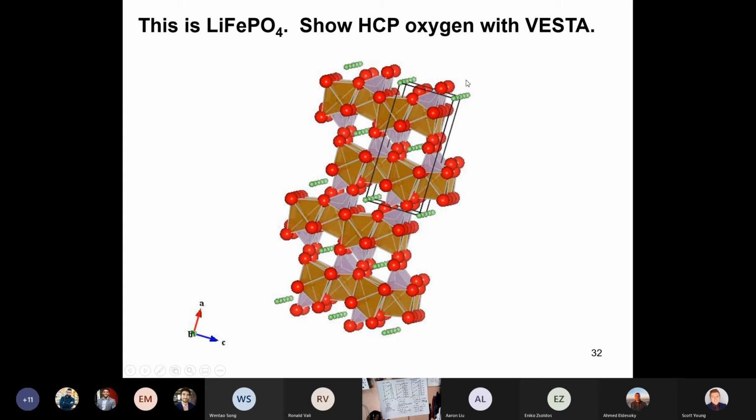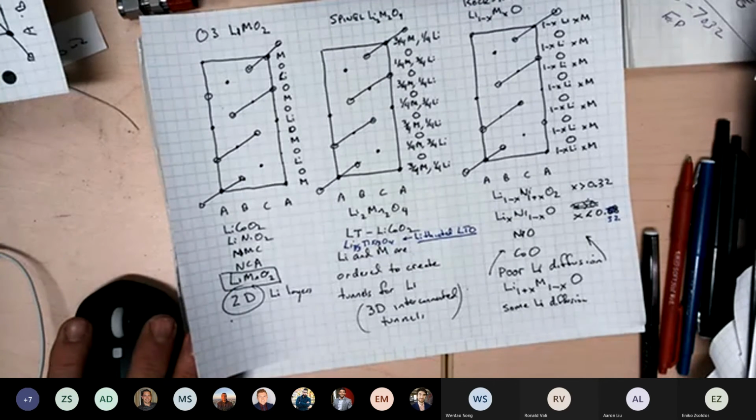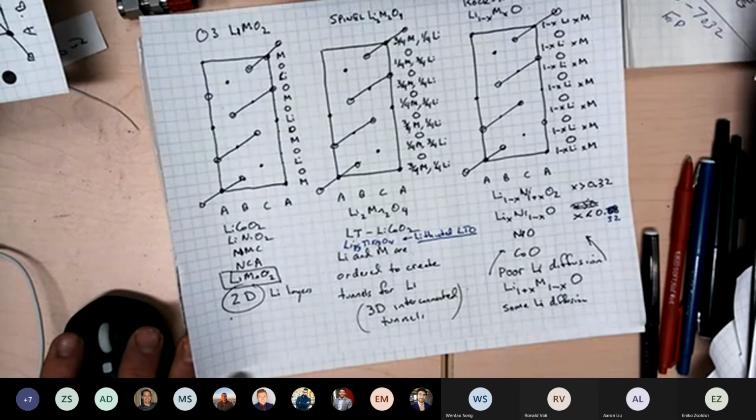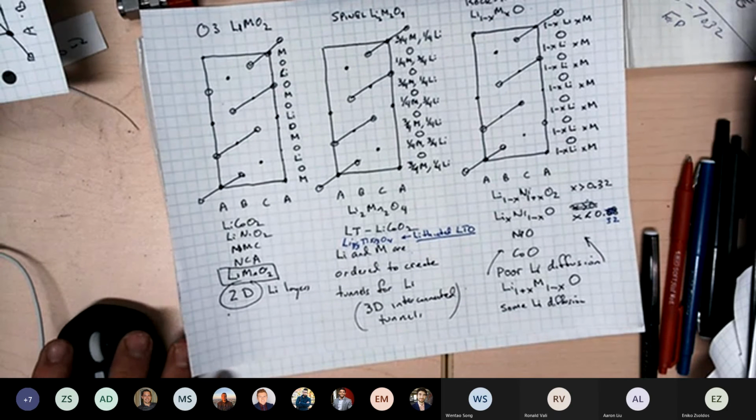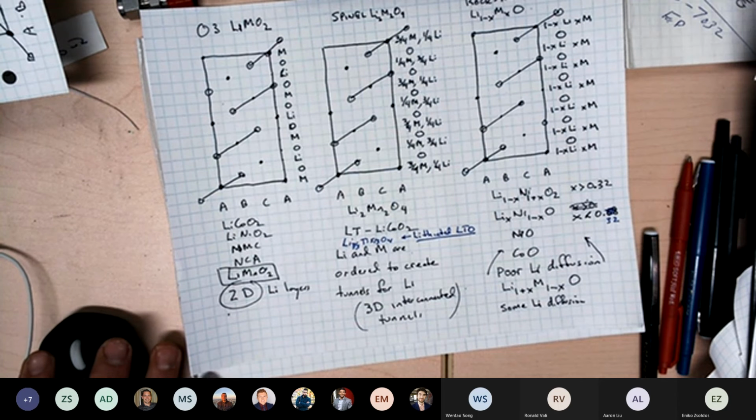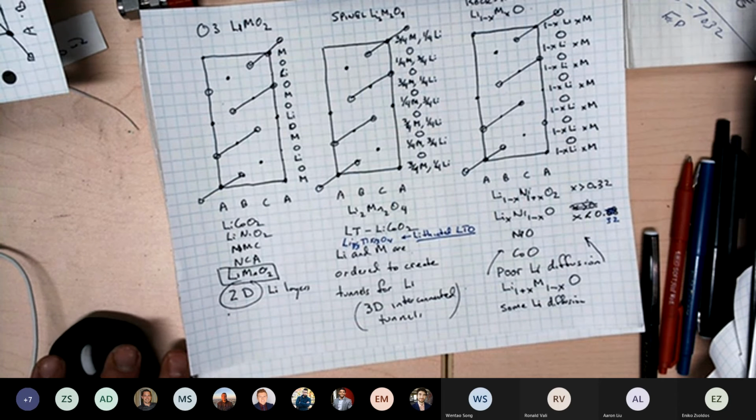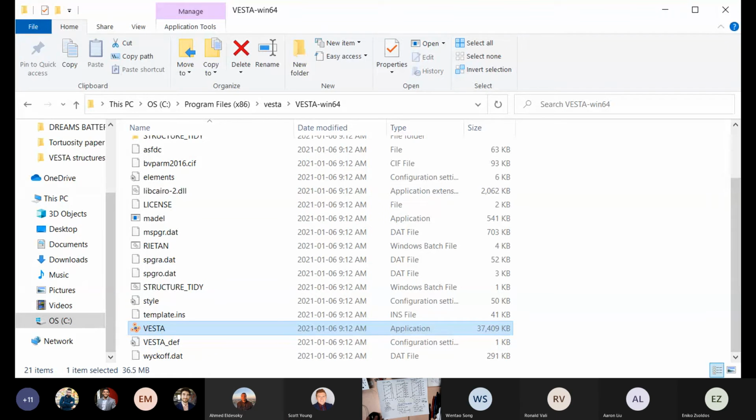How do I do that? I think eventually I'm going to get good at this. Where's VESTA? I don't see it. I might have closed VESTA, did I? Can you guys see my screen or not?